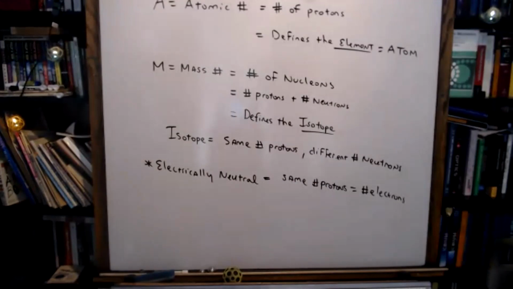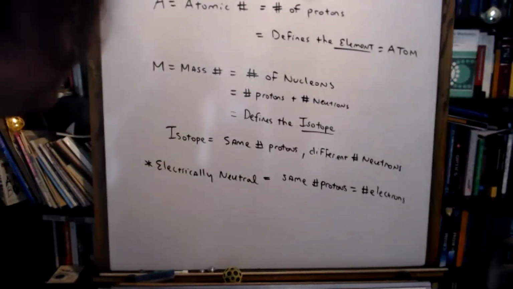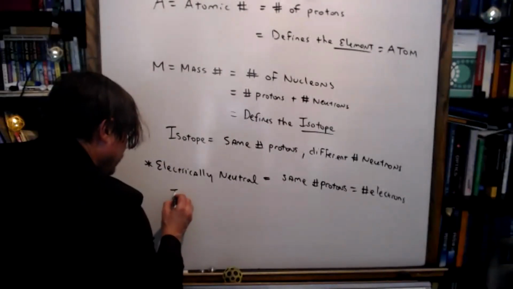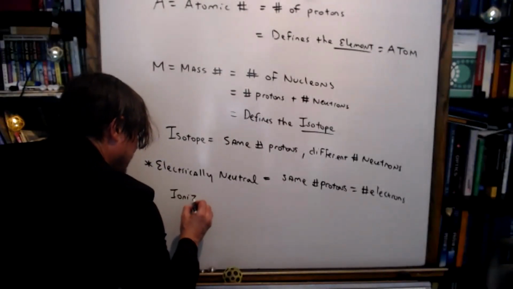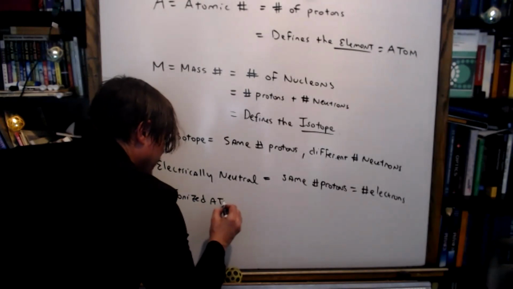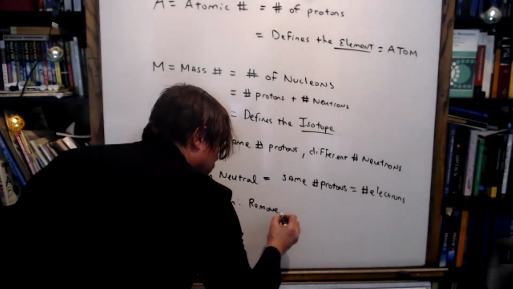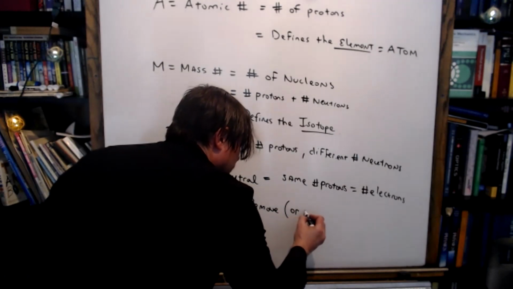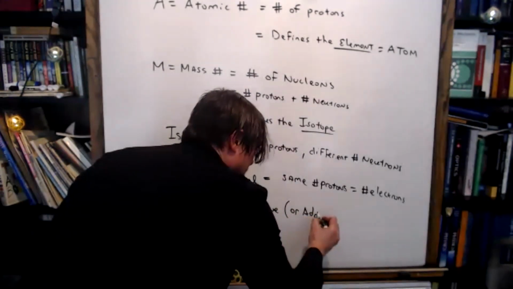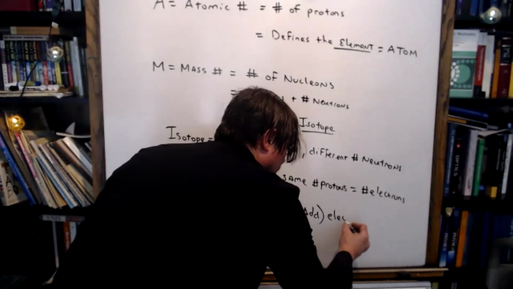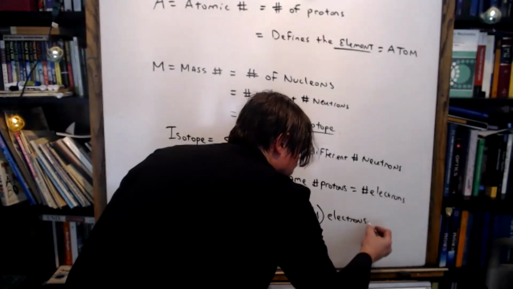From time to time, you can rip an electron off of an atom, or in some cases, push an extra one onto it. That's when you develop an ionized atom. An ionized atom is where you remove, or in some cases add, electrons.